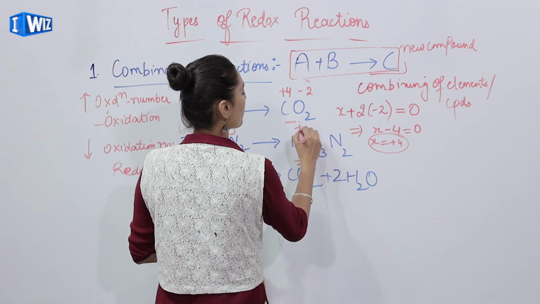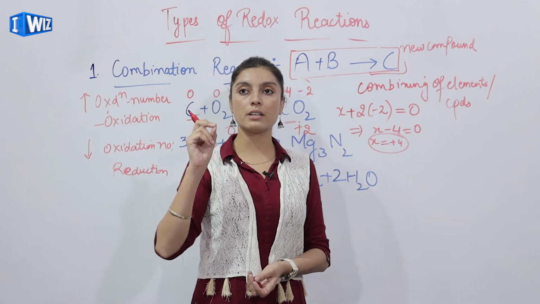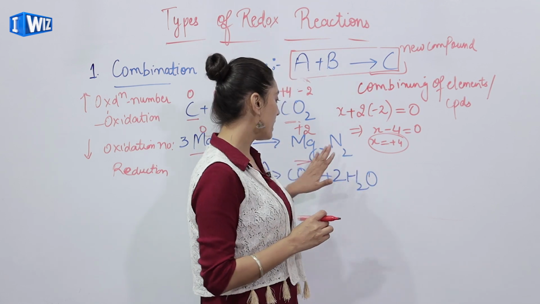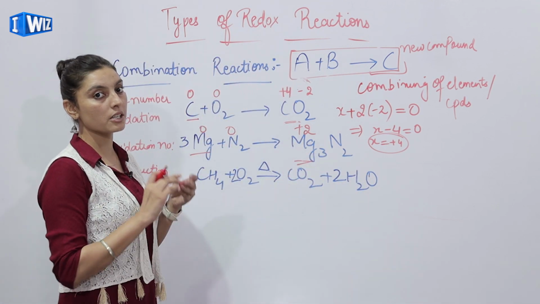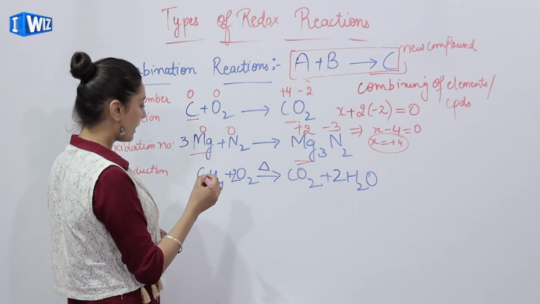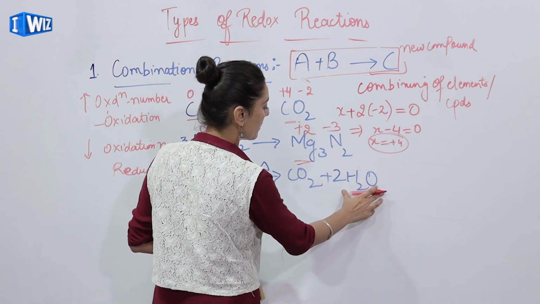Here magnesium in the +2 state, because we studied that it is equivalent to the ions they are forming. So magnesium is having the valency +2. Here also the oxidation state is present equivalent to the +2, and nitrogen it could be -3. Fine, moving ahead, methane, oxygen, formation of carbon dioxide and water.